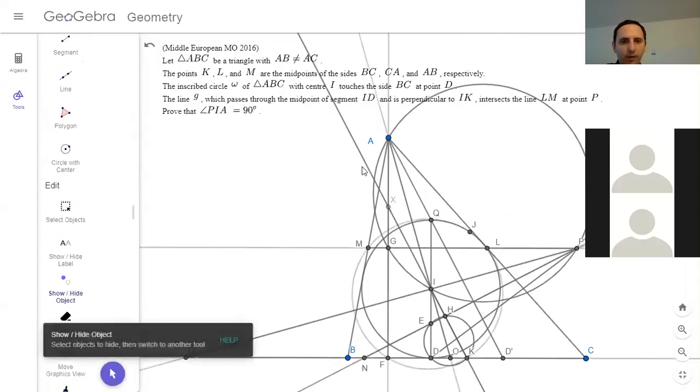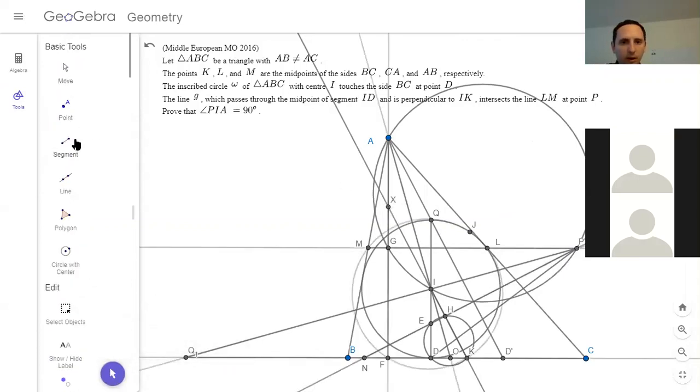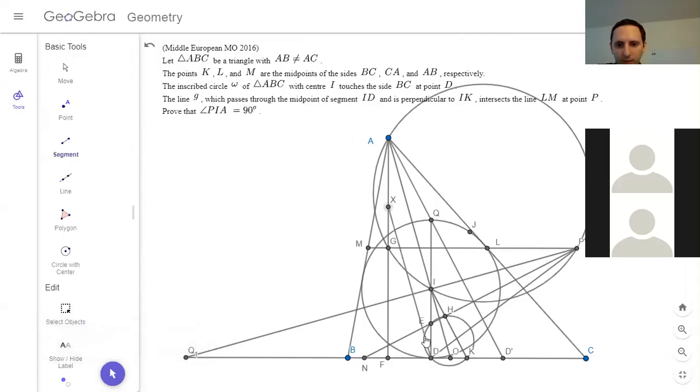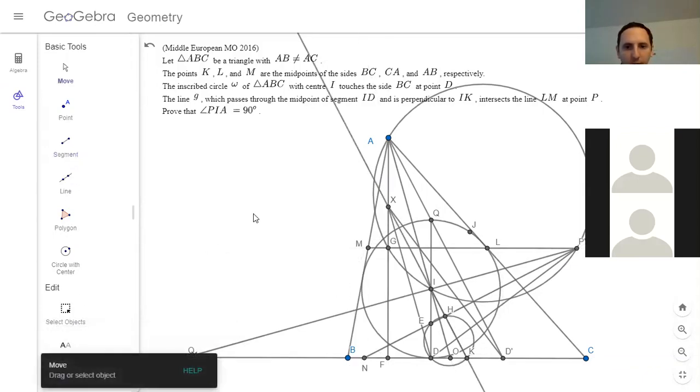That would solve it. So how do we show that? XDD prime we want to show is similar to PID. And then since we have two medians, they would both be perpendicular.